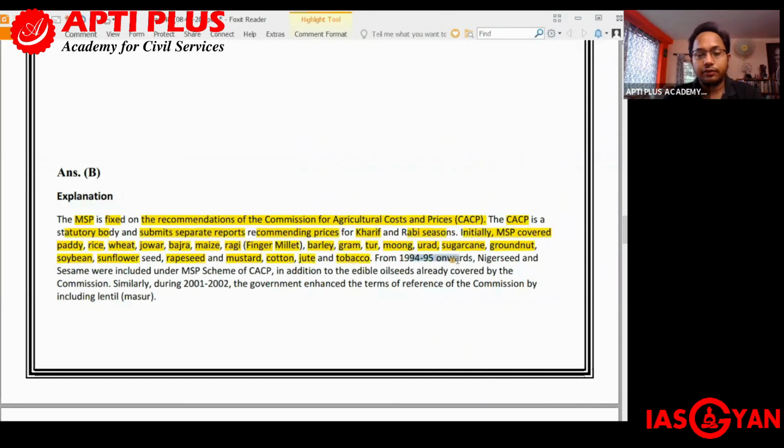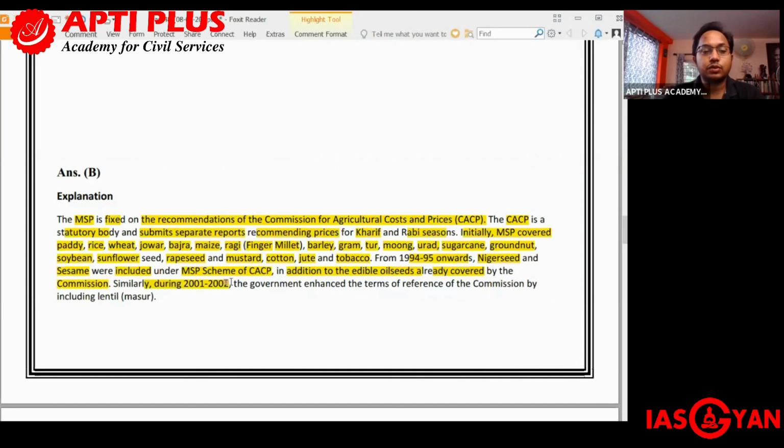From 1994 to 1995 onwards, some other crops like Niger seed and sesame were included under the MSP scheme of the Commission for Agricultural Costs and Prices, CACP, in addition to the edible oil seeds already covered by the Commission.